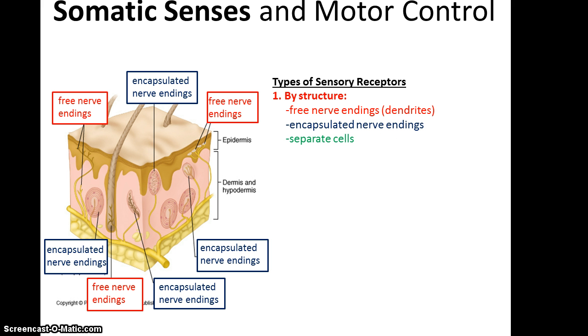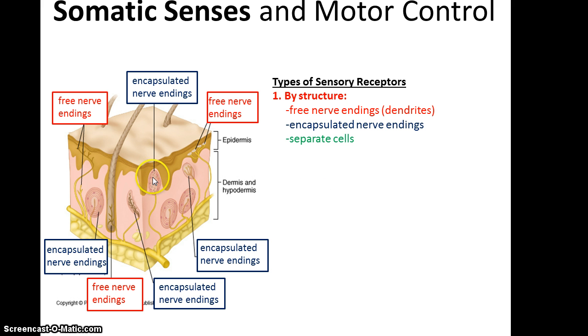So, sensory receptors can be categorized in a number of different ways. One way to do this is by the structure of the receptor. One big category are free nerve endings. So here are some examples of free nerve endings found in the sample of skin here. These free nerve endings are the dendrites of the neuron that are receiving the signal. Another category are encapsulated nerve endings.